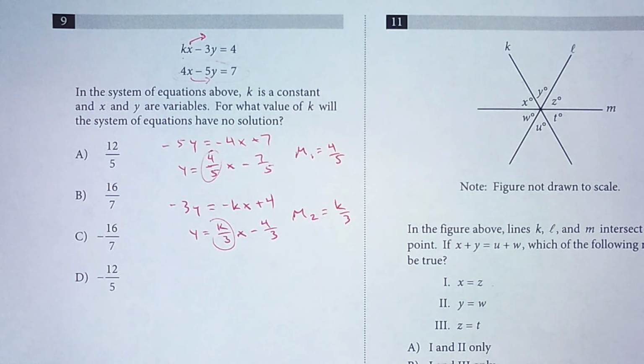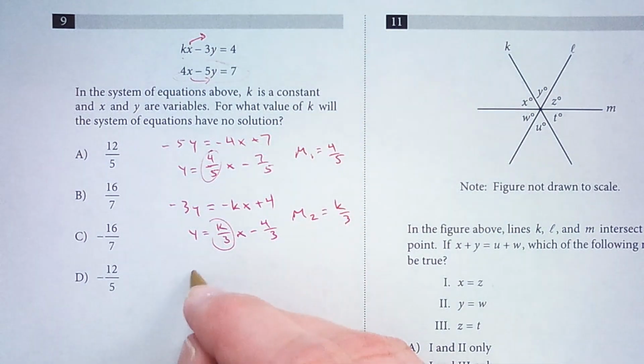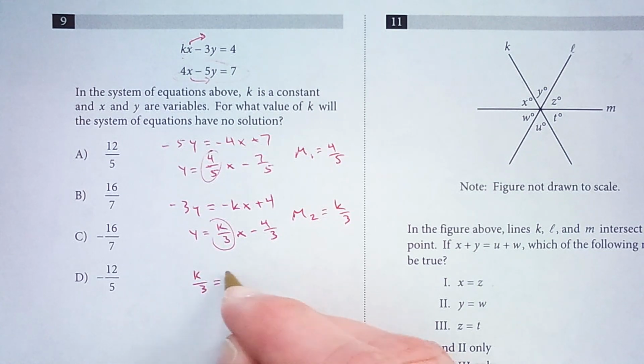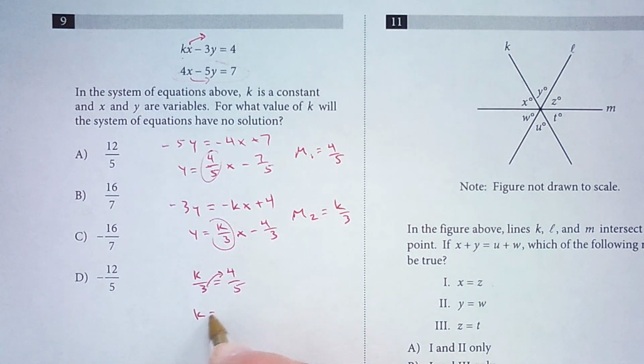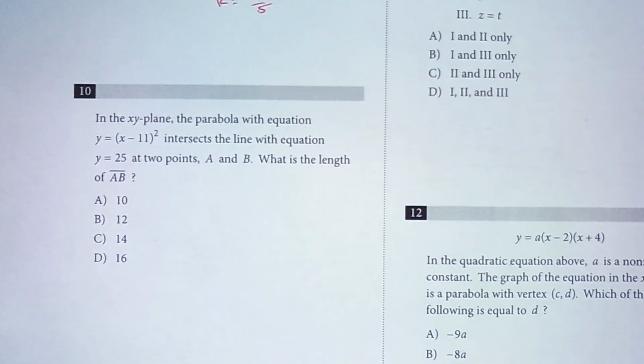Okay, so the system will have no solutions when the slopes are exactly the same. So when k over 3 is the same as 4 over 5. So if I multiply this 3 across, I'll get k by itself, and k equals 12/5, and that is option A.